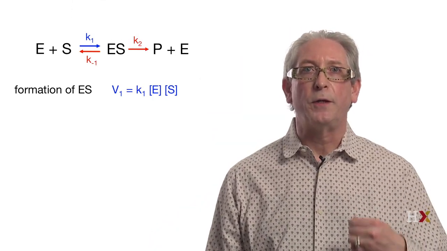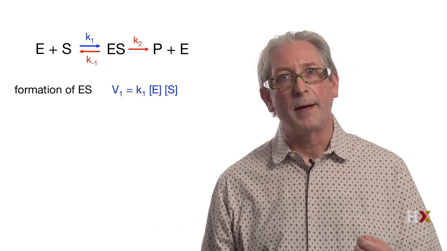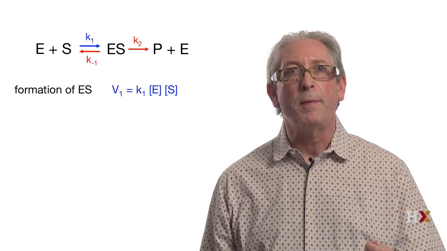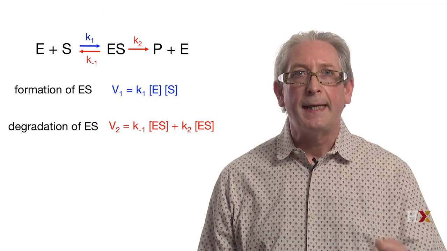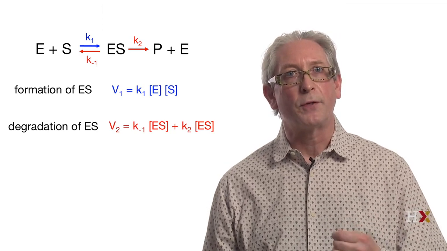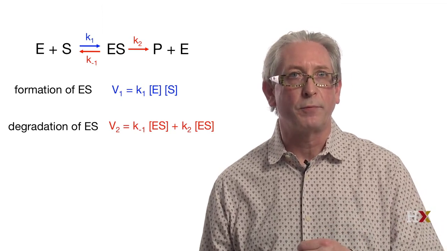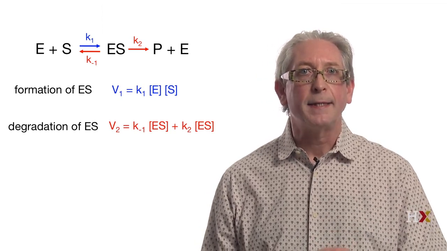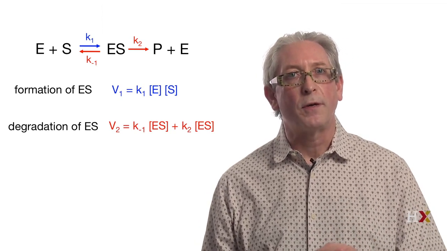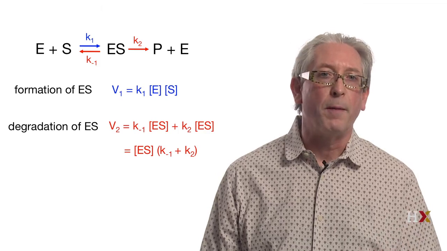So the rate of the degradation of the enzyme substrate complex is the sum of K-1 times the concentration of the enzyme substrate complex and K2 times the concentration of the enzyme substrate complex.